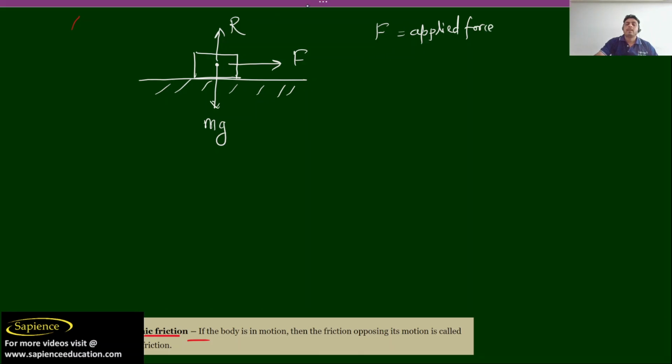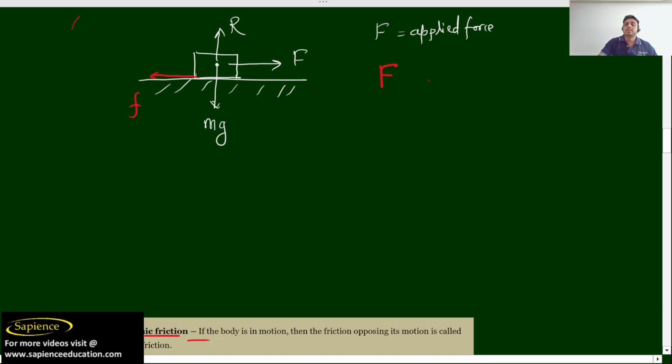Now what happens? If I apply a force, the friction force will start working, right? So now tell me which factors the friction force depends upon. Frictional force is directly proportional to the reaction force, or normal force as some books write. The more reaction force or normal force there is, the more frictional force there will be.